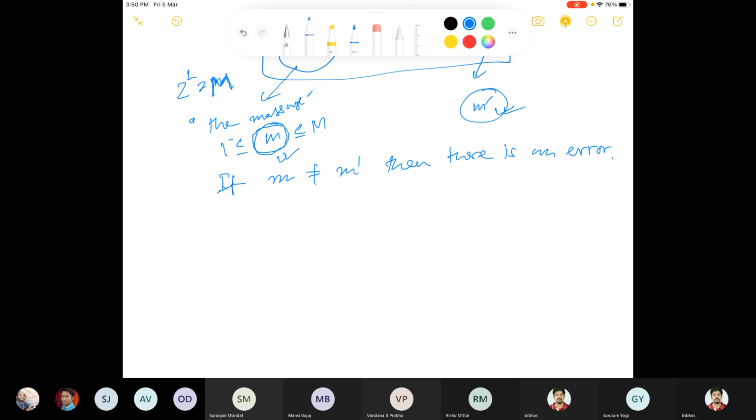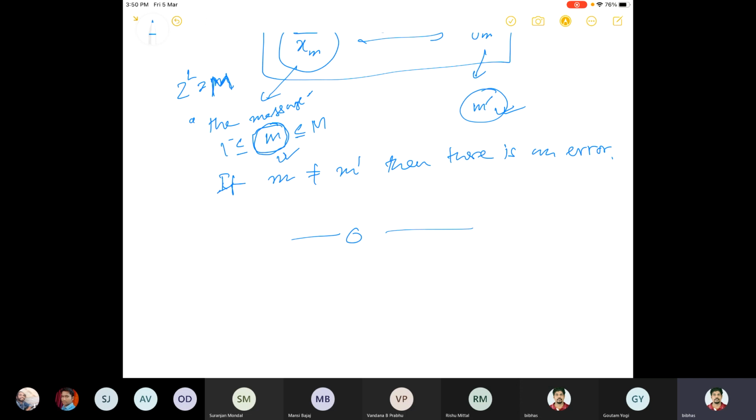I'm thinking whether we should do it now or maybe I'll leave it for next week. I think we'll leave it here, and I would continue next day with the error probability and different mechanisms of block encoding.